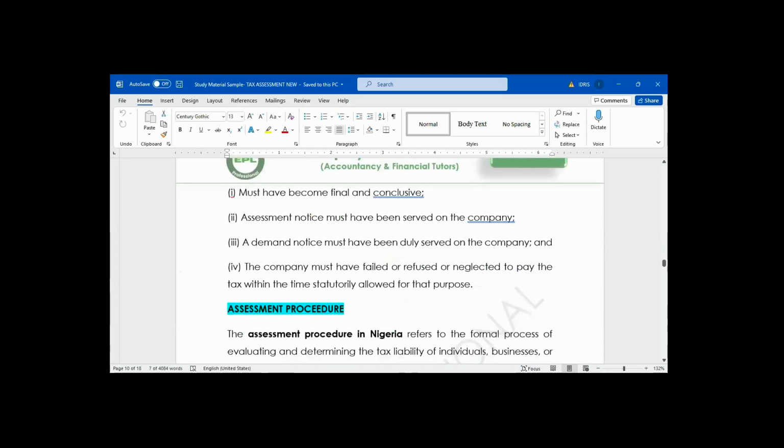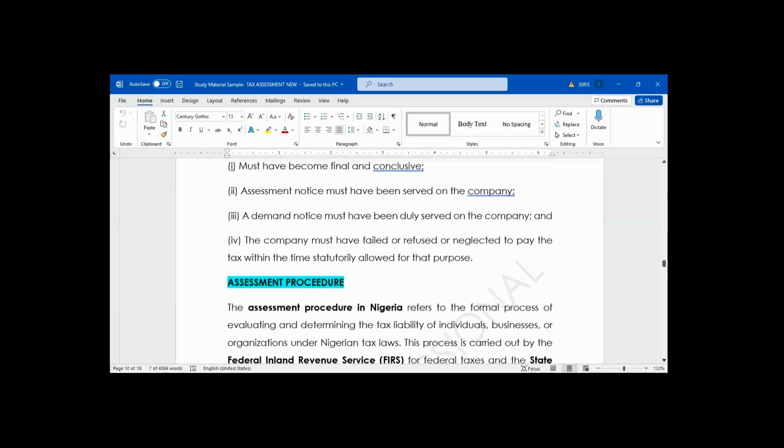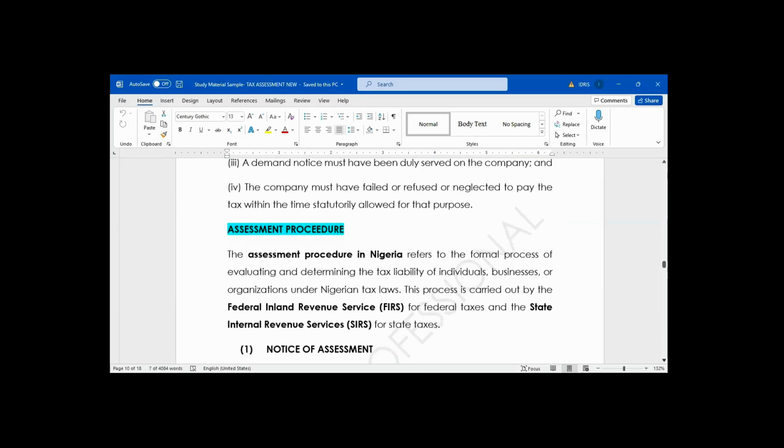Now, the next area we are going to is assessment procedure. How do we assess a company to tax? What is the procedure? For this assessment procedure, we want to explain the flow chart of the tax audit process.